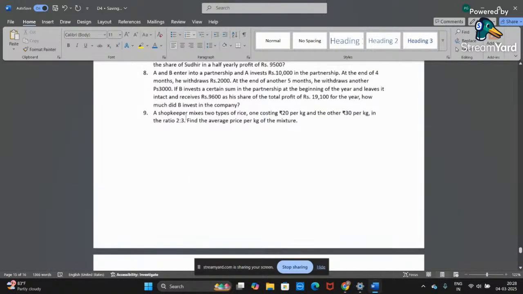A shopkeeper mixes 2 types of rice, one costing 20 rupees per kg and the other 30 rupees per kg, in the ratio of 2 is to 3. Find the average price per kg of the mixture. So let's write it down.